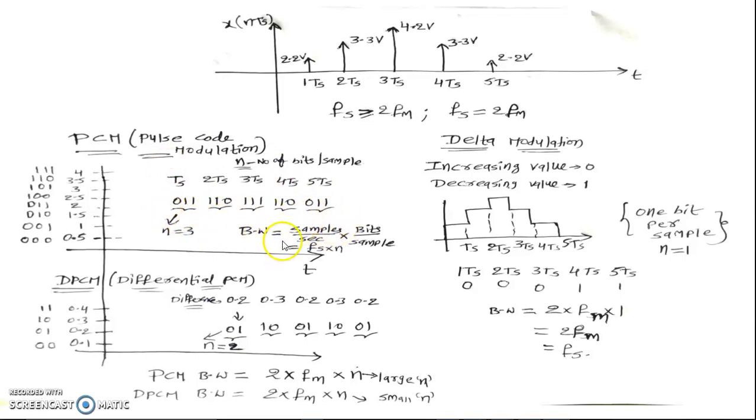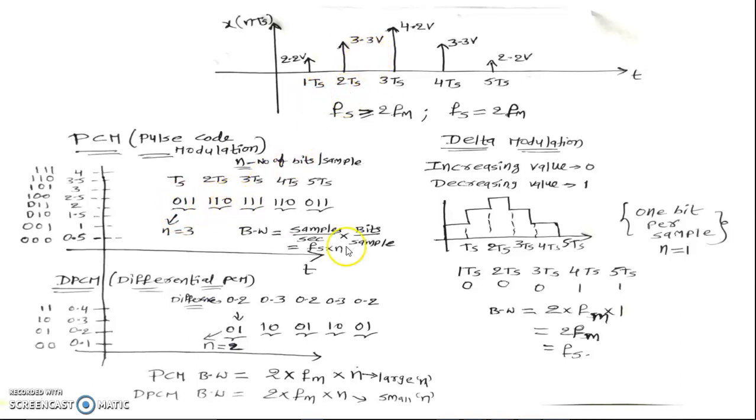Here bandwidth is equal to, so how many samples are there? Samples per second times the number of bits used to represent each sample. That is equal to samples per second Fs times bits per sample, that is, how many bits we are using for each sample. For transmitting this 2.2 volts at TS we are using 3 bits. For transmitting this 3.3 volts at 2 TS we are using 3 bits.